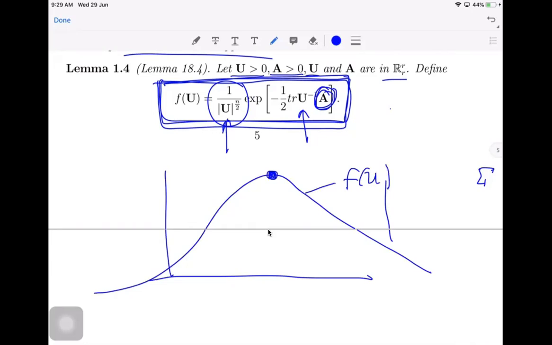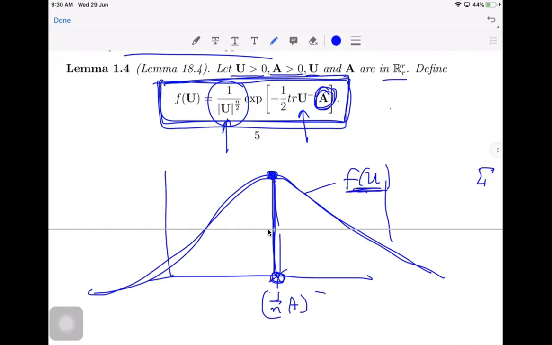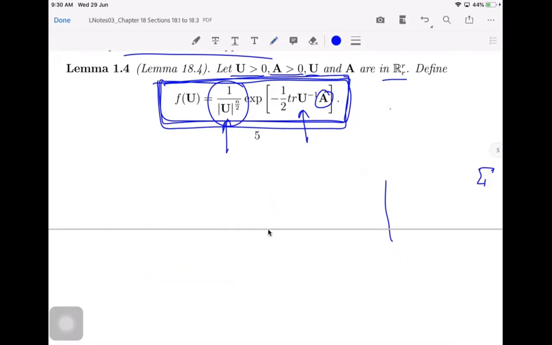That is where your function is maximized, where it is highest. It is highest at this value. Did you understand?